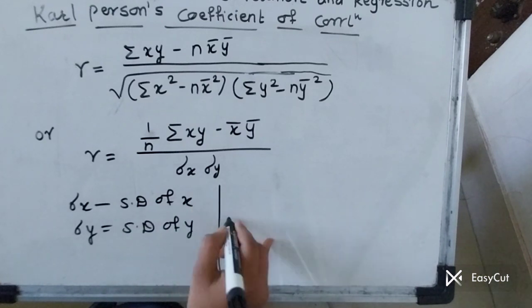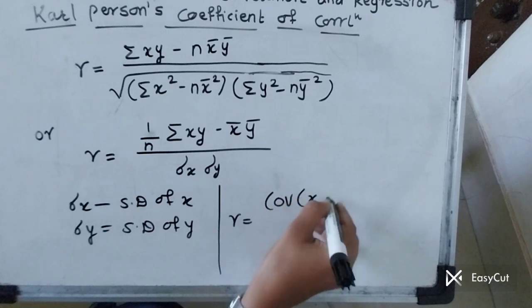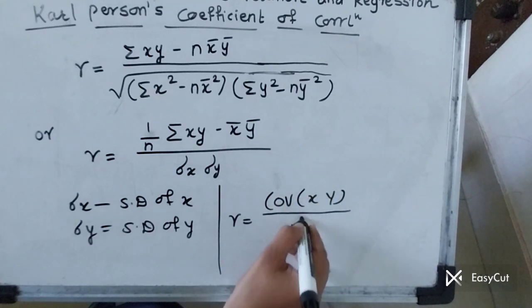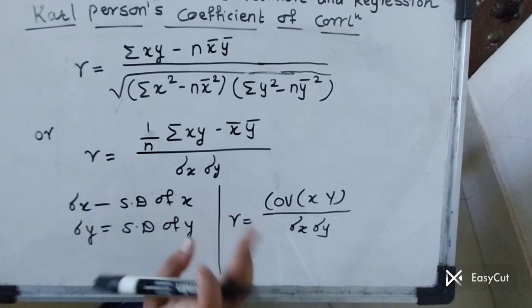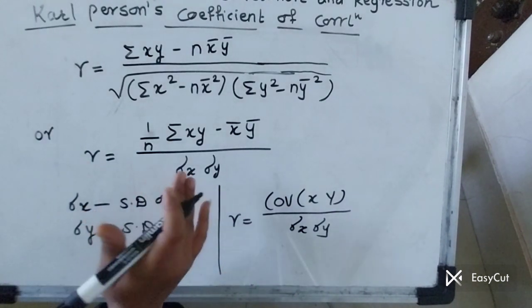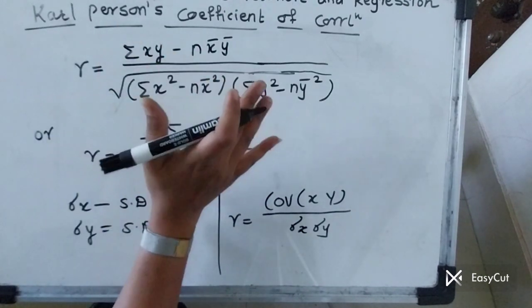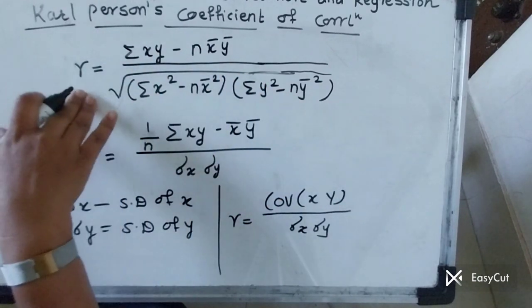One more formula is there: r equals covariance of xy upon sigma x sigma y. If in the example they give covariance of xy, then we use this formula. If they give standard deviation, then we use this formula. If they give individual x and y values, ungrouped data, then we use this formula.